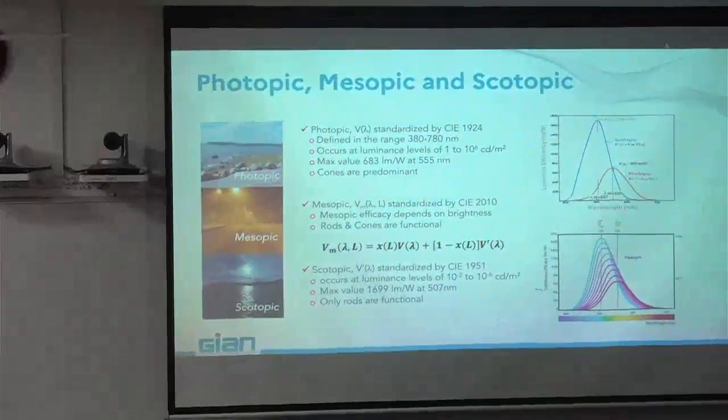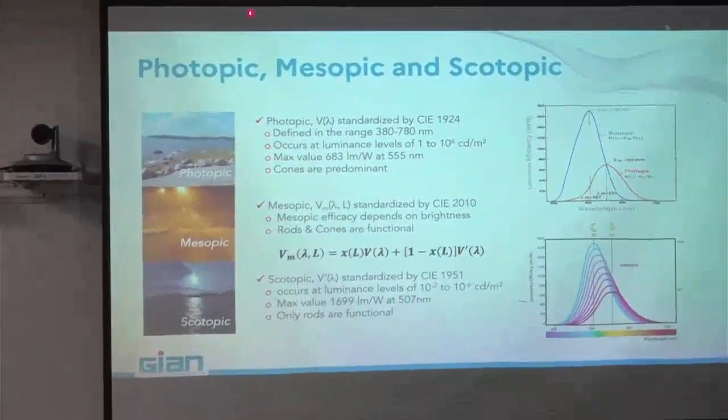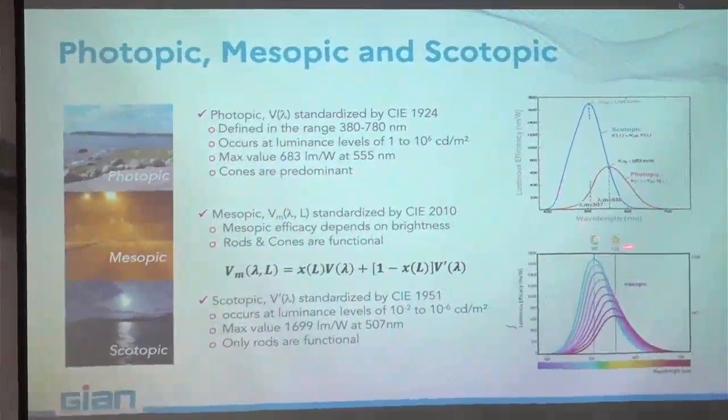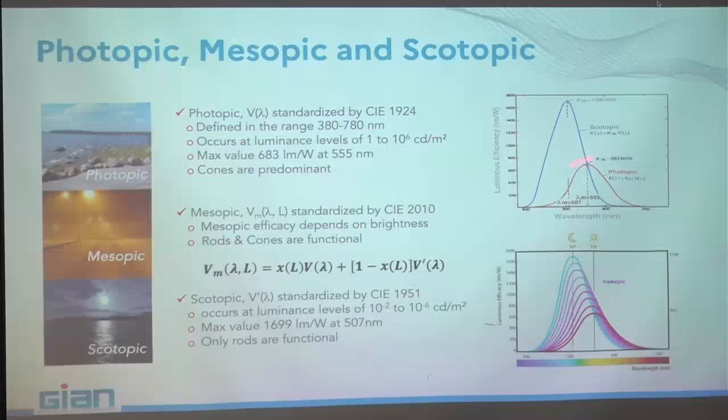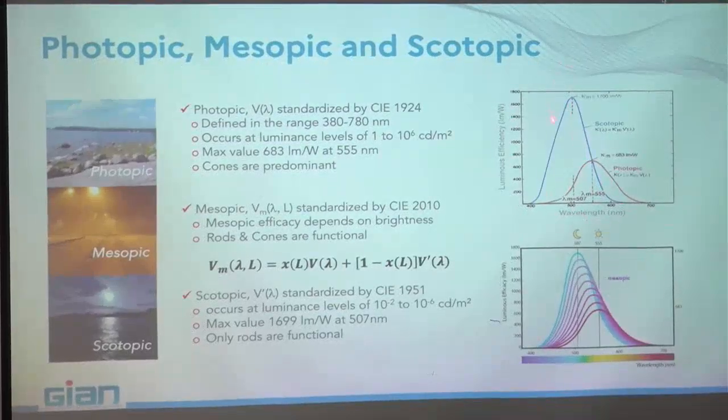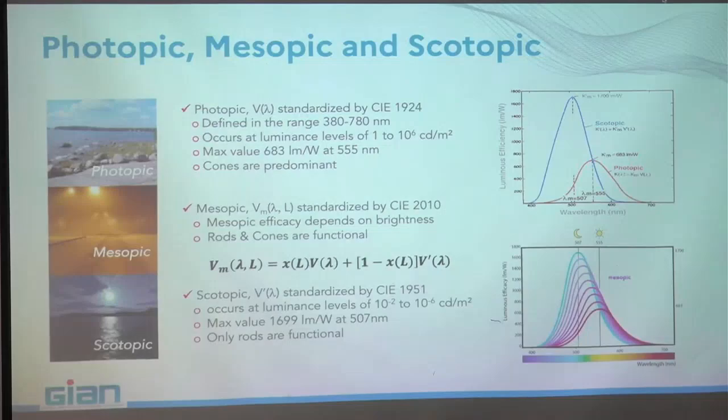And also, as I was telling you from the beginning, when you pass from photopic conditions, when you have a lot of light, to scotopic conditions, you switch from rods plus cones, especially the cones here, and you see that the maximum here is 683 lumen per watt, corresponding to 555 nanometers. Why 555? For different reasons.